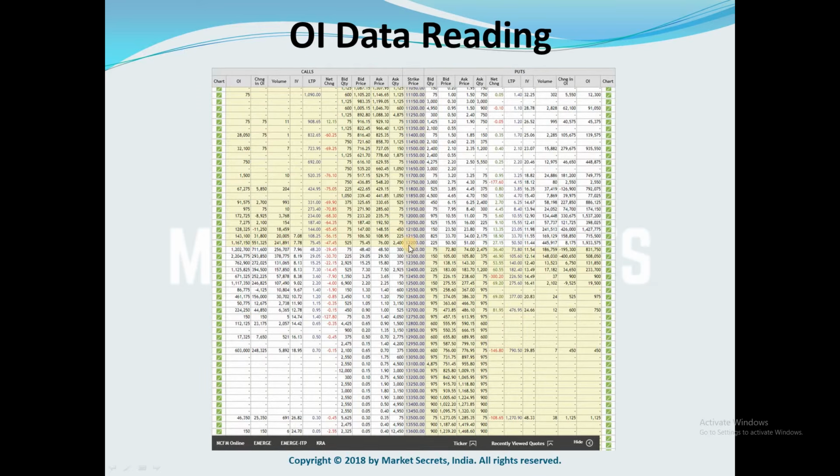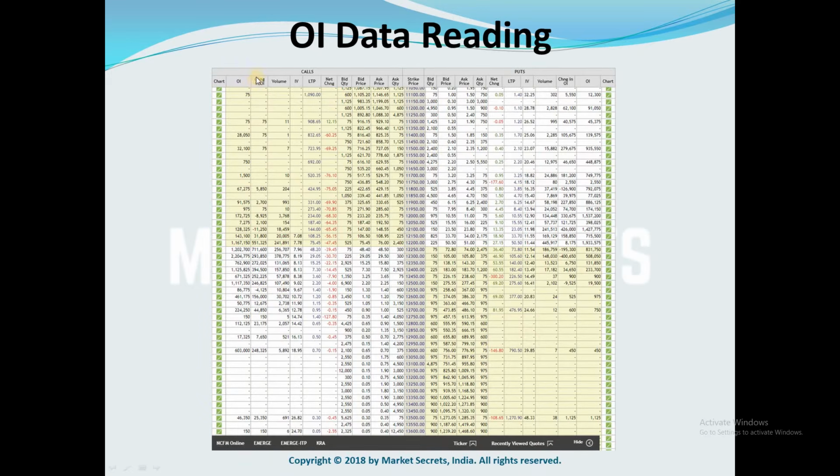For the Nifty 12200 strike price, we have 11,67,150 contracts available. This column represents the number of option contracts available for each strike price. It's as simple as that.